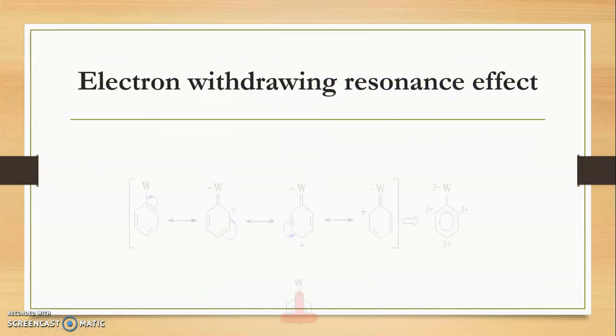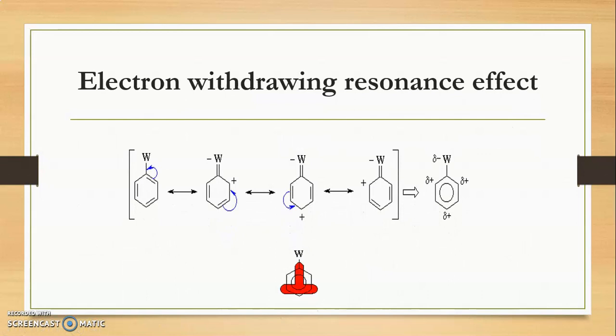The next effect that we are going to discuss is the electron withdrawing resonance effect. It is exactly opposite, because here the lone pair of electrons that are present over here are not directly attached to the benzene ring. For example, NO2. Here oxygen is more electronegative as compared to the nitrogen atom, due to which oxygen withdraws electrons from the nitrogen atom, so that the nitrogen withdraws electrons from your benzene ring.